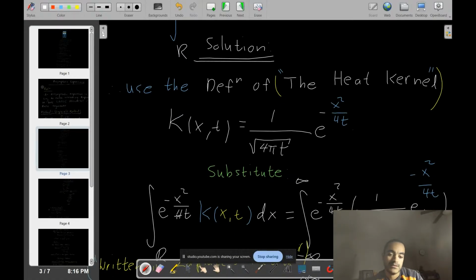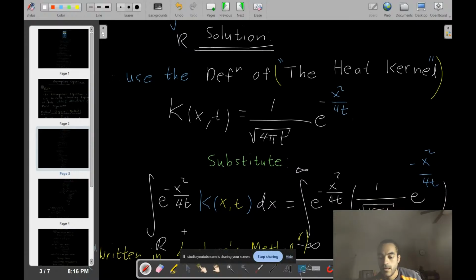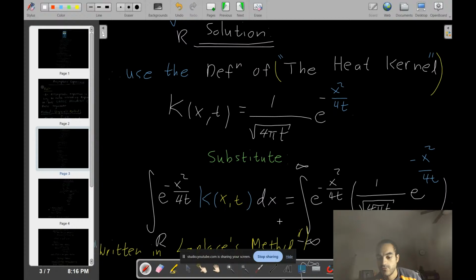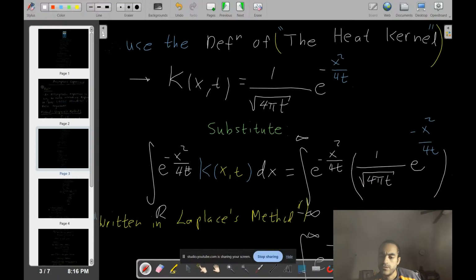We're integrating e to the negative x squared over 4t times K, the convection function as a function of position and time, with respect to x. And you're right, the limits of integration are from minus infinity to infinity.